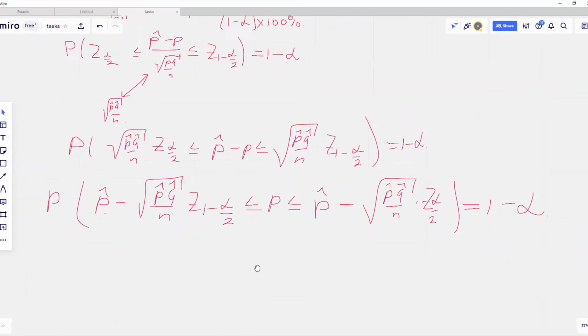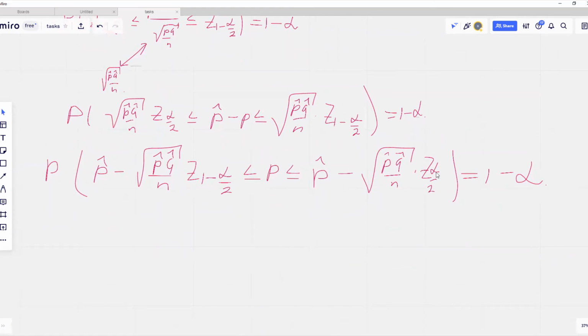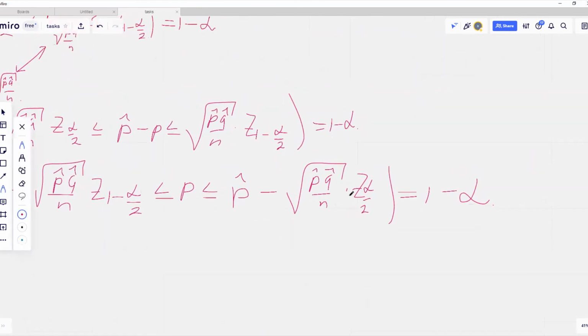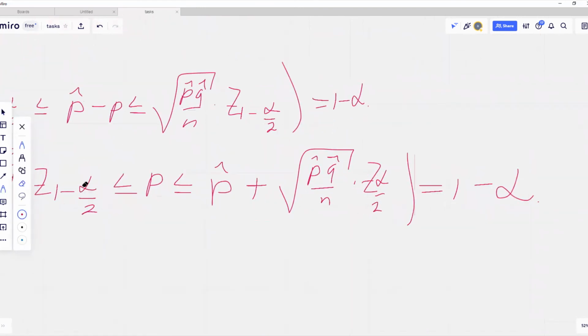Okay, now we can switch this by that critical value, putting a negative sign in front. So this is plus then, and this is z 1 minus alpha over 2.